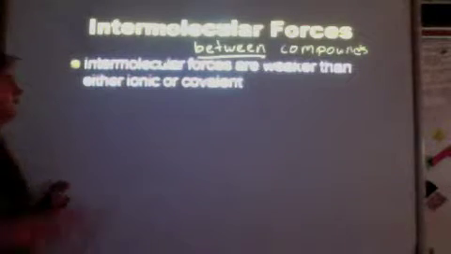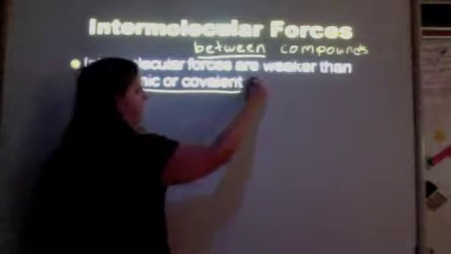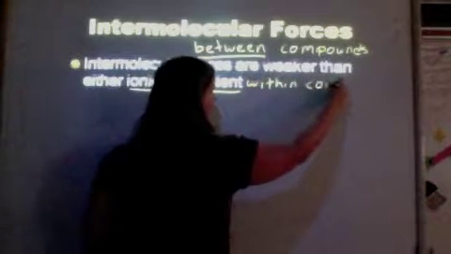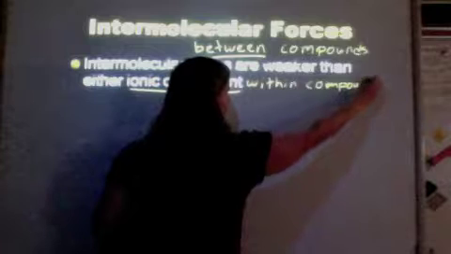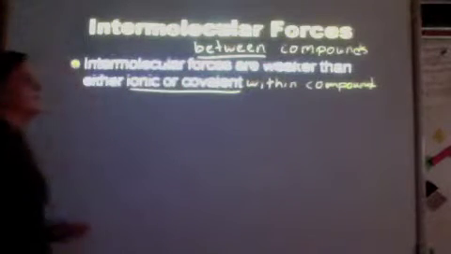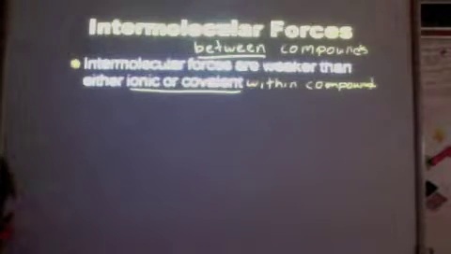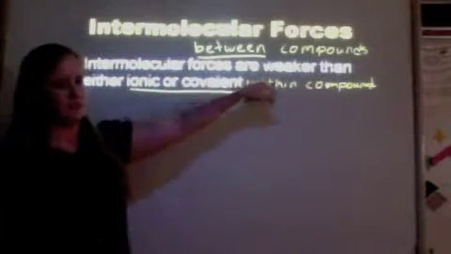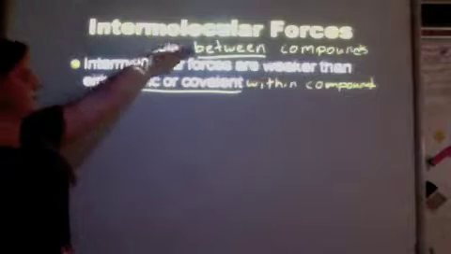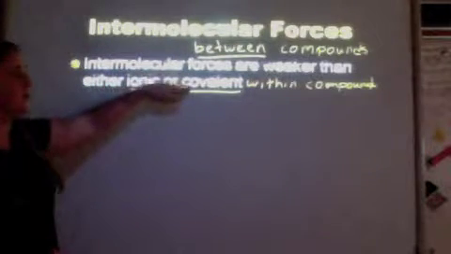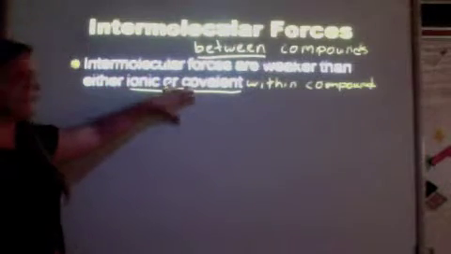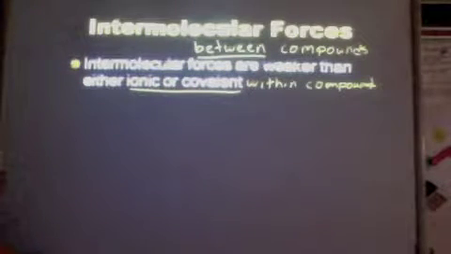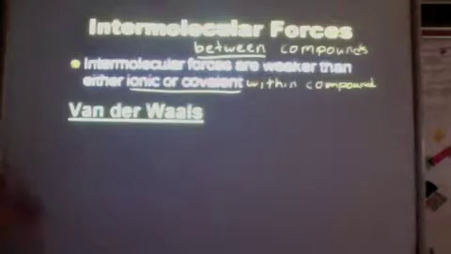Ionic and covalent happen within the compound. So intermolecular forces are weaker than your ionic and covalent because they are between compounds. Ionic and covalent are within the compounds. So intermolecular is between. Ionic and covalent, they're called intra. Intra means within. So intracovalent or intramolecular forces.